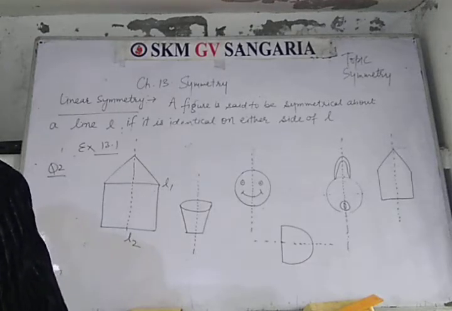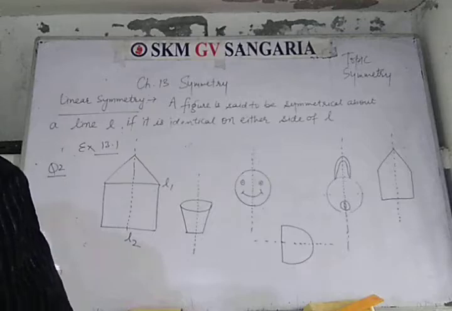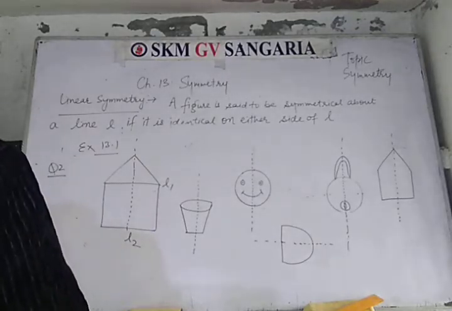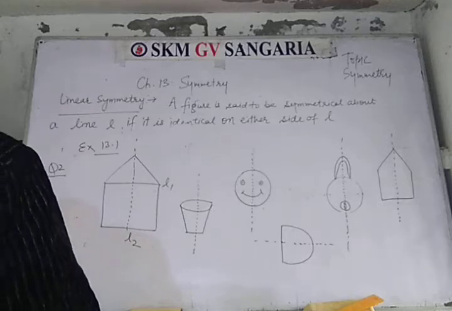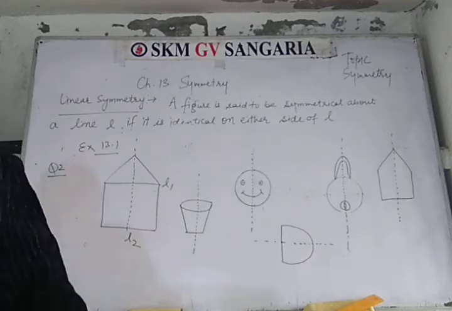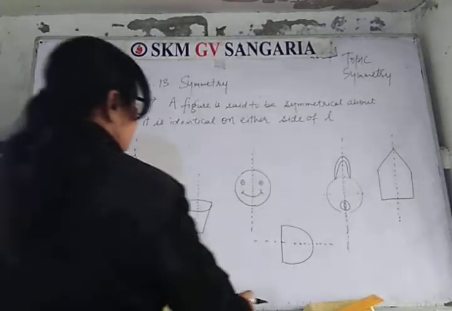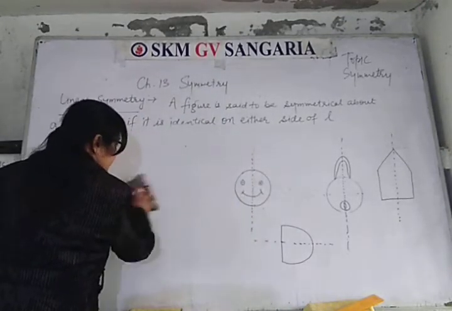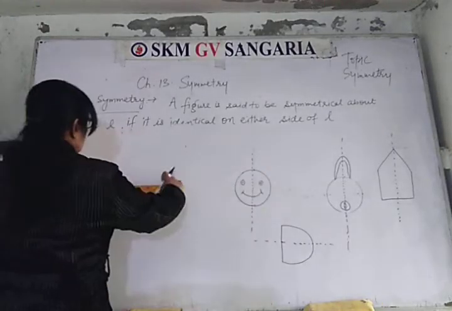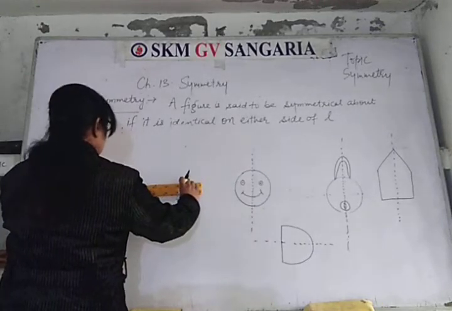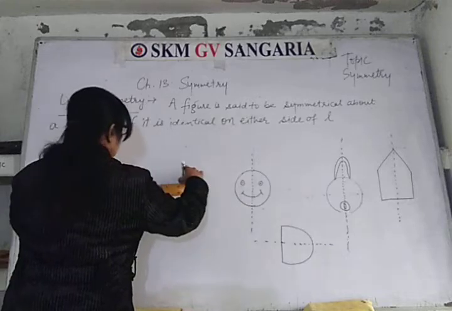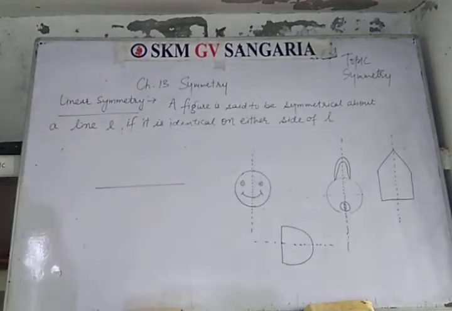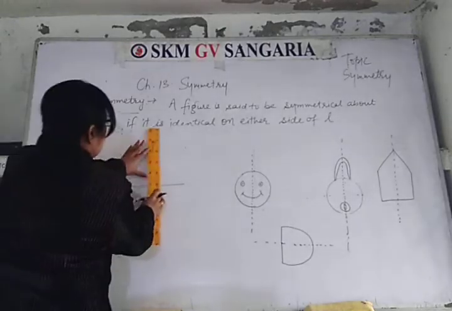Then question number 5. In the figure, L is a line of symmetry. Complete the diagram to make it symmetric. Here, a half portion is given to you. The figure is in this way. This is the dotted line here.